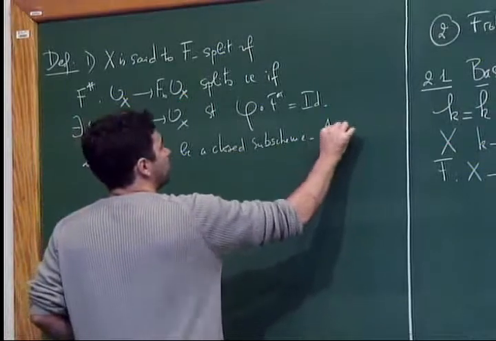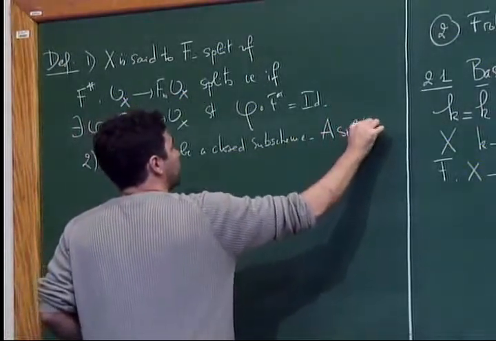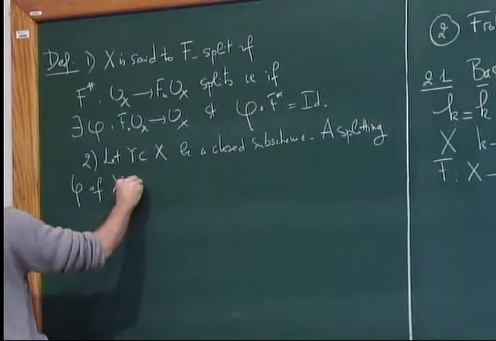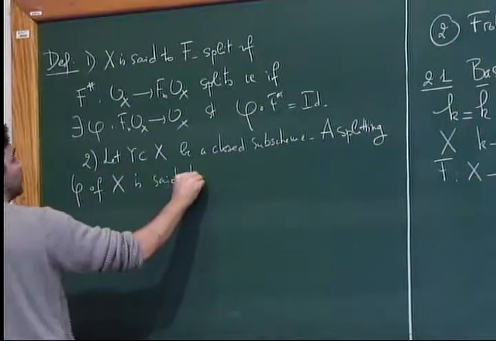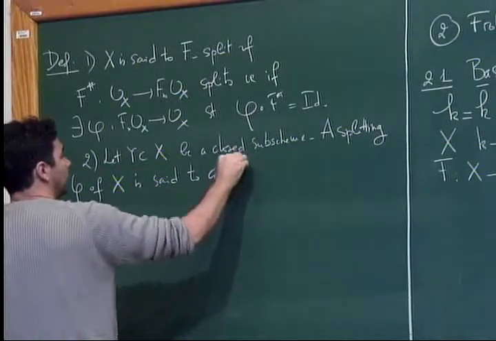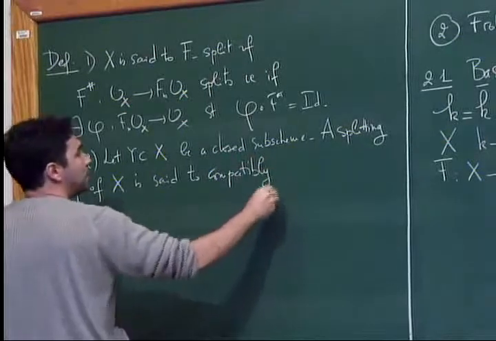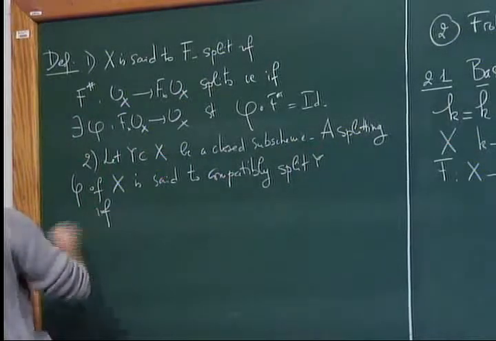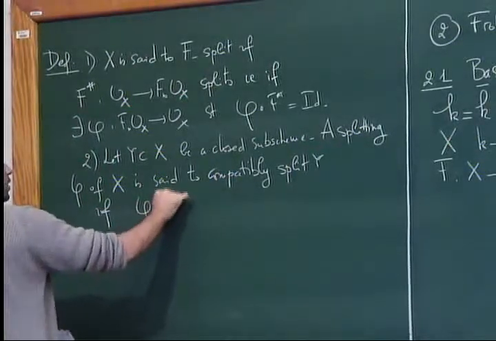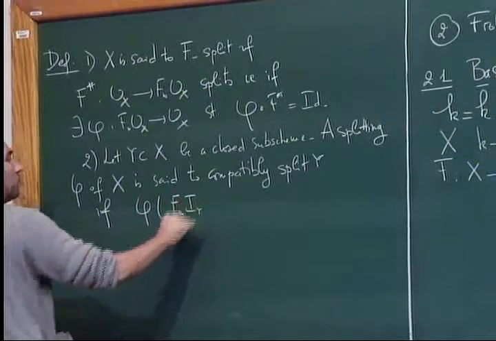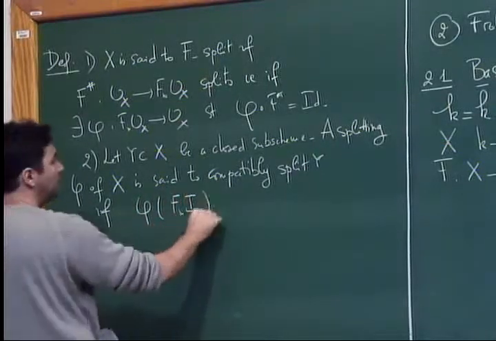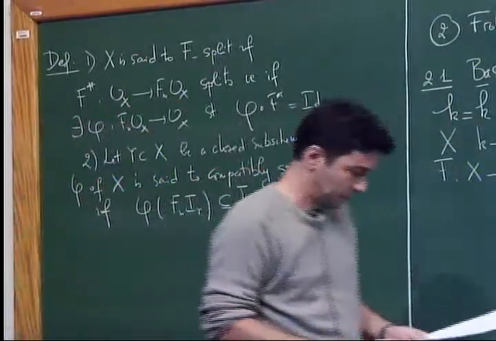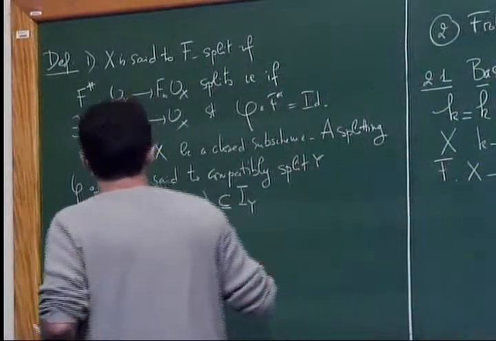A splitting phi of X is said to compatibly split Y if phi maps the push forward of the ideal sheaf of Y into the ideal sheaf of Y. So I will say a few things in a few minutes about that.